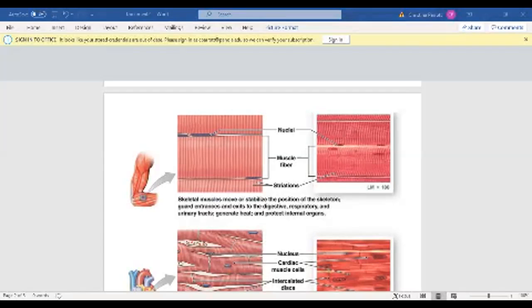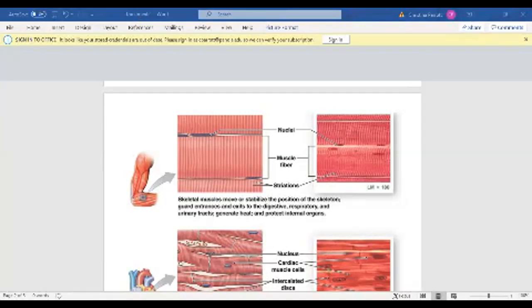So the top one here is showing a skeletal muscle. And with your skeletal muscles, these are going to move our skeletons or move our bones and allow us to move around. These muscle fibers are very, very thick, so they're very large, and they're straight. They're not branched, okay? And they have multinucleated muscle fibers, meaning that you have multiple nuclei per cell.